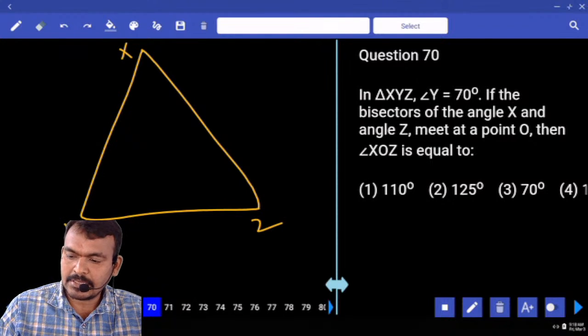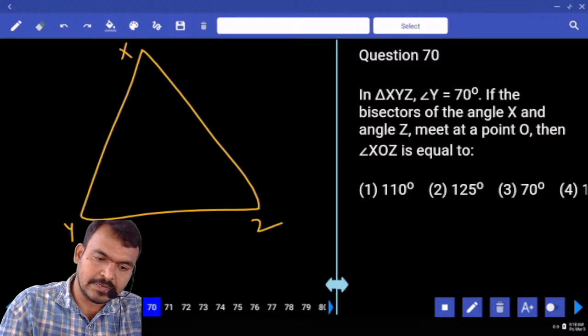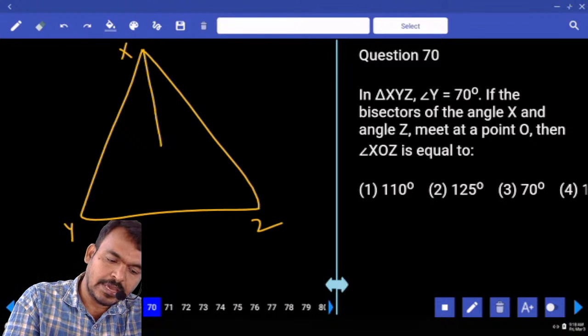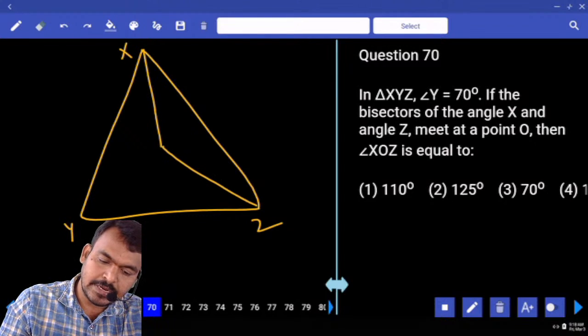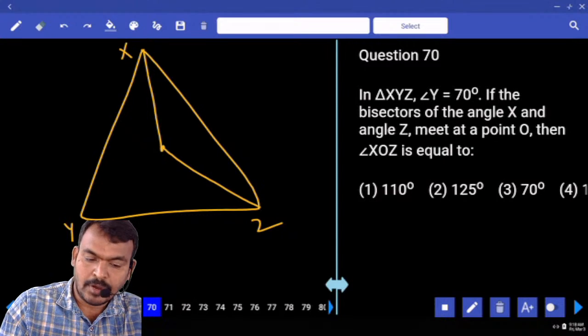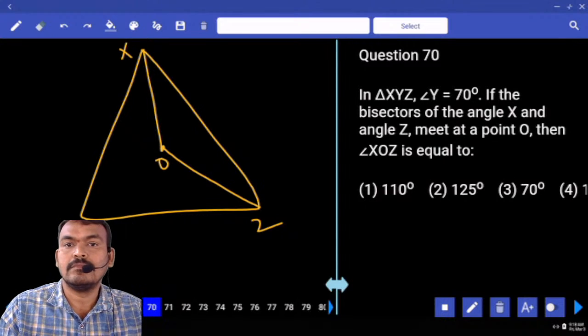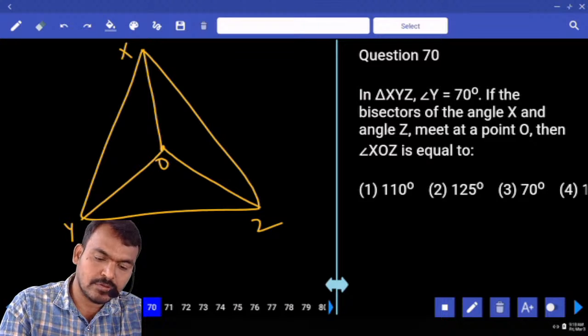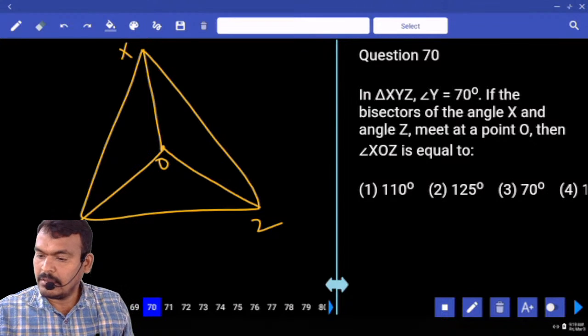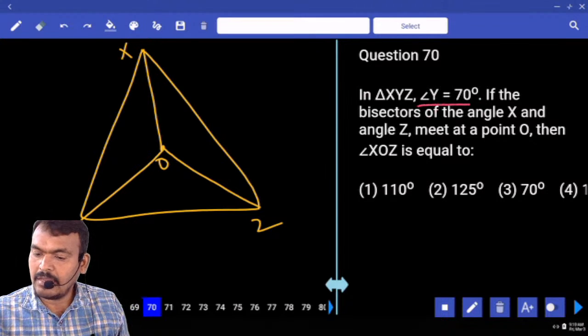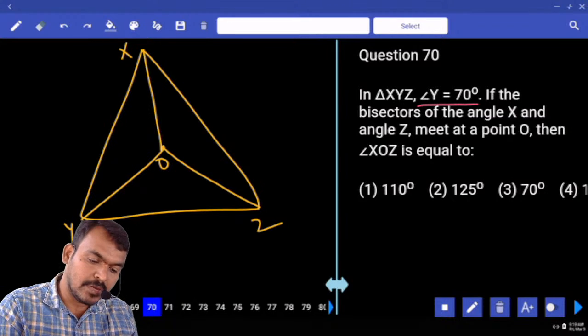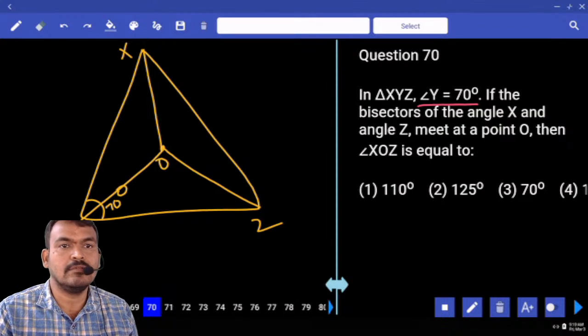If the bisectors of angle X and angle Z meet at point O, and this one is also joined. Angle Y is given as 70.